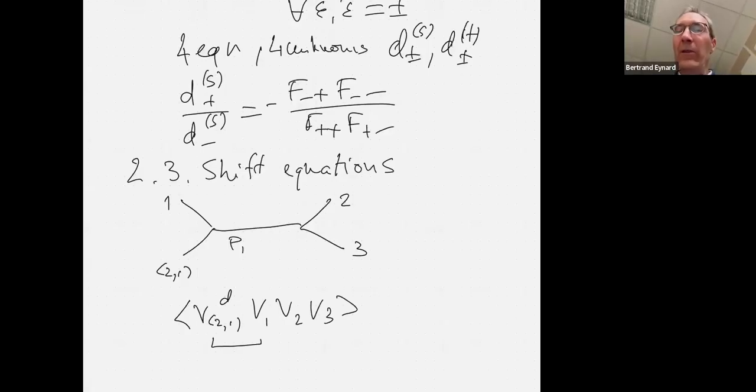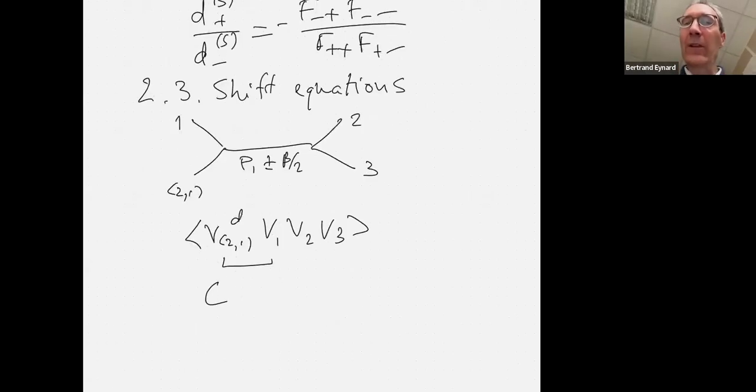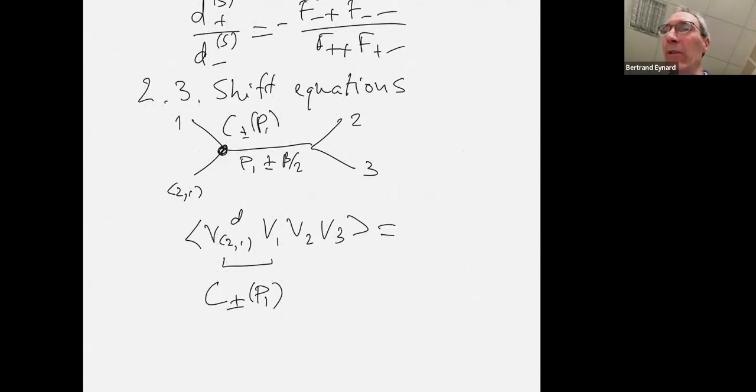Now, when we do this OPE, we have a coefficient which was called C plus minus of P1. So this coefficient appears when we do the OPE here. And after you do this OPE, you get some combination of three-point functions of the type V_{P1 plus minus beta over 2}, V2, V3.